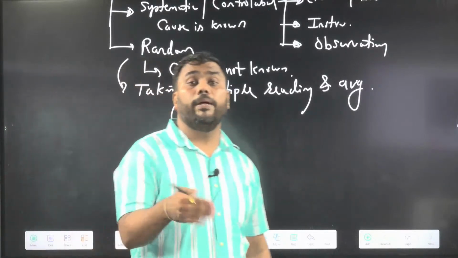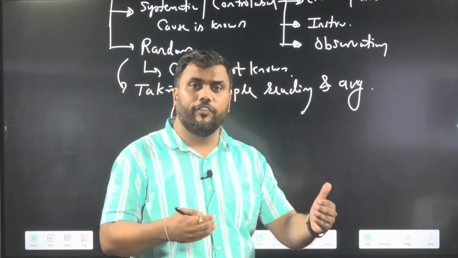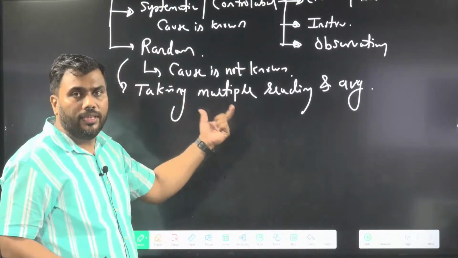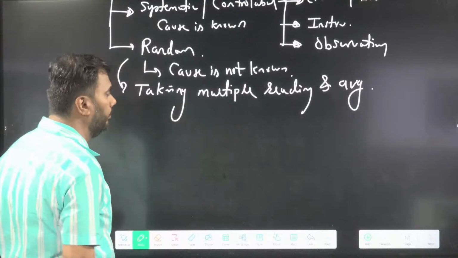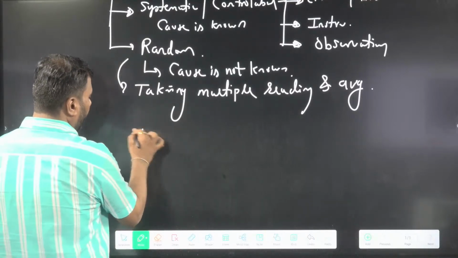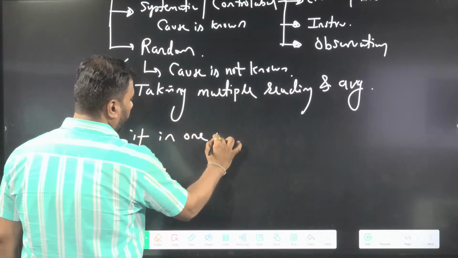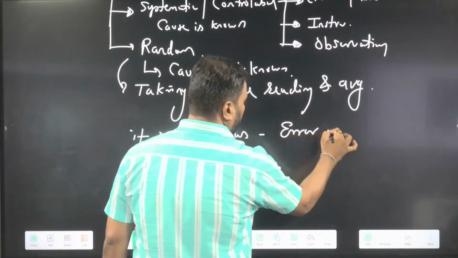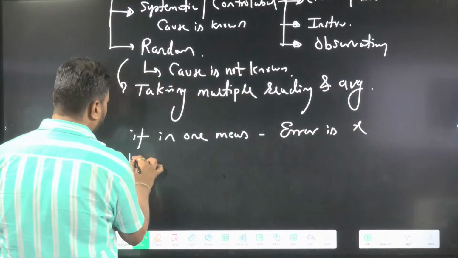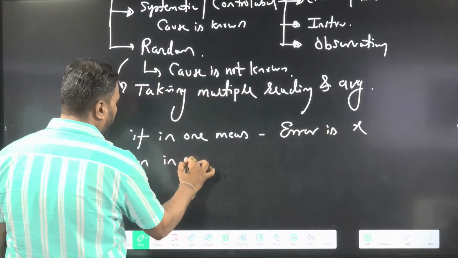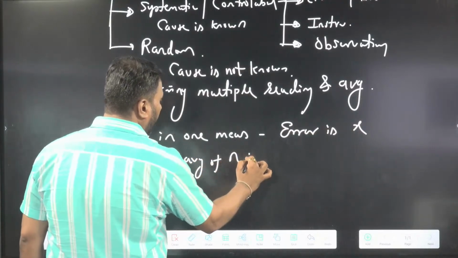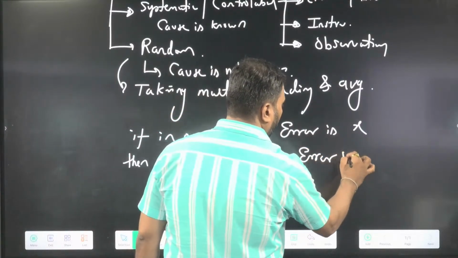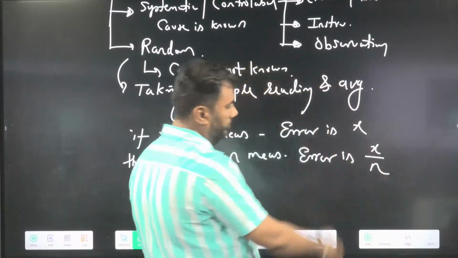If we repeat our readings n times, then the amount of error in the measurement becomes 1/n. If in one measurement the error is x, then in the average of n measurements, the error becomes x/n.